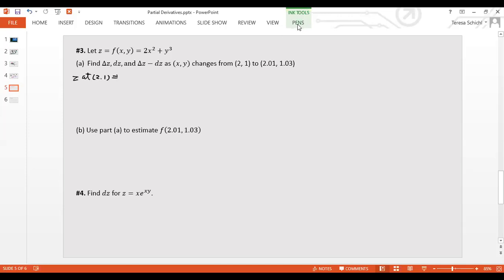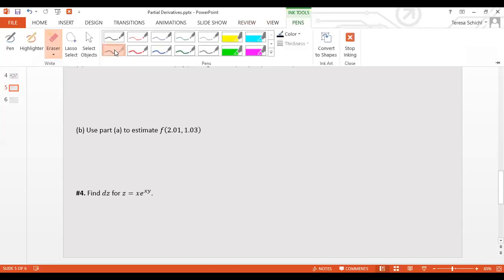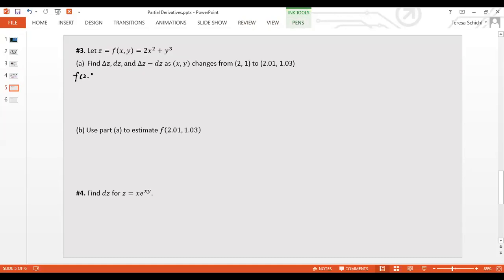That means f at (2, 1). What I have here, I put in 2 and 1, so it's 2 times 2 squared plus 1 is 9. And I can put in the new values, 2.01 and 1.03, in the function, right?